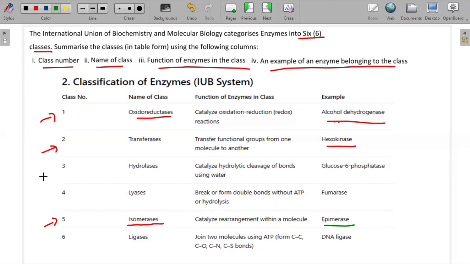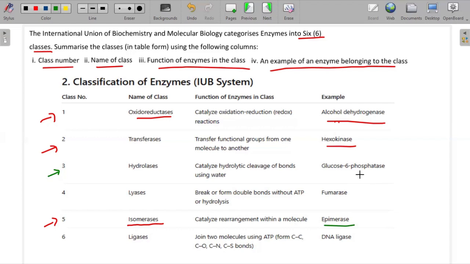And then class 3, going back now, class 3 has what we call the hydrolases. The hydrolases catalyze the hydrolytic cleavage of bonds, and they do that by using water. A good example is glucose 6 phosphatase.